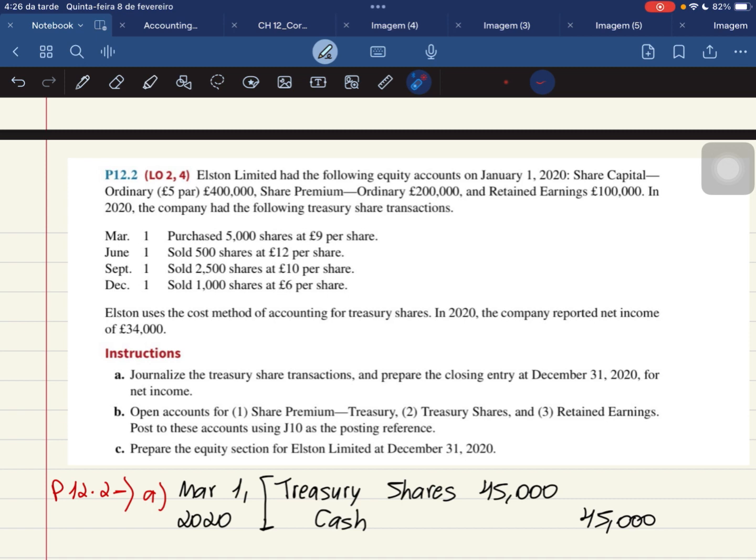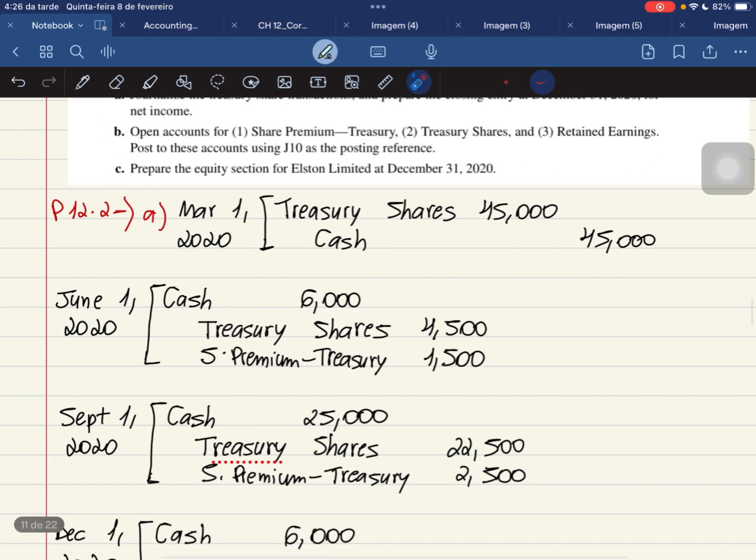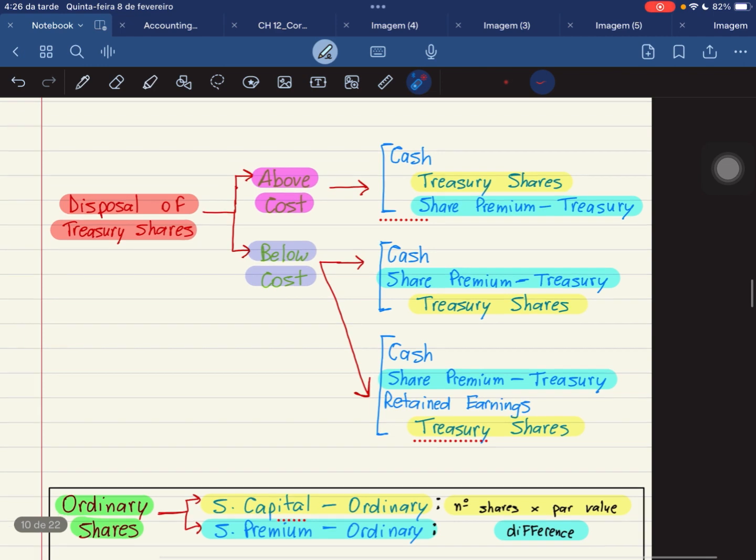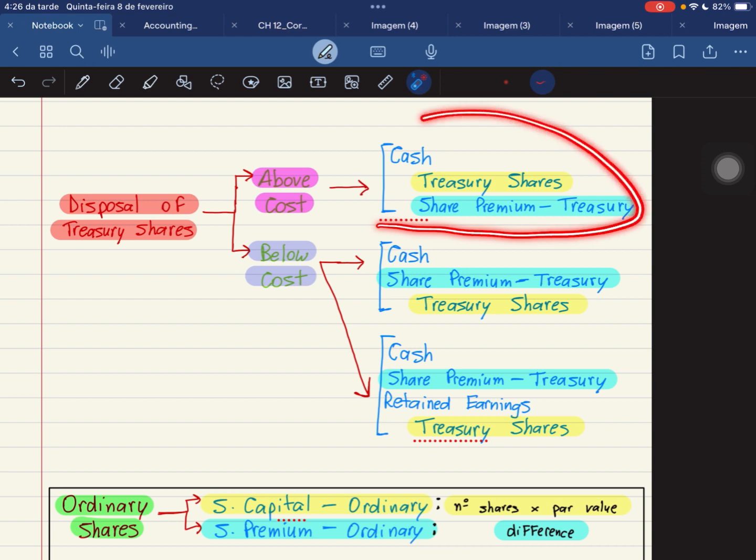And in this kind of situation, the position of the share premium treasury would be different. You can actually take a look at this cheat sheet that I made. This disposal means when you're selling treasury shares, if you're selling it above cost, which were all of the ones that we did before, this is the entry that you would be making. If you're selling it below cost, there are two different entries that you could be making.